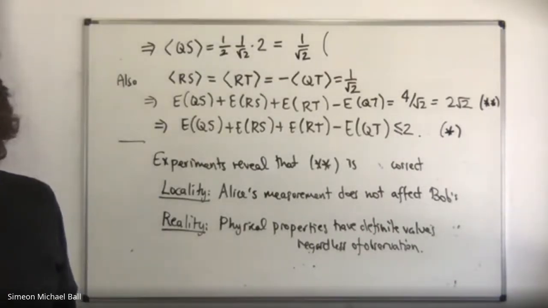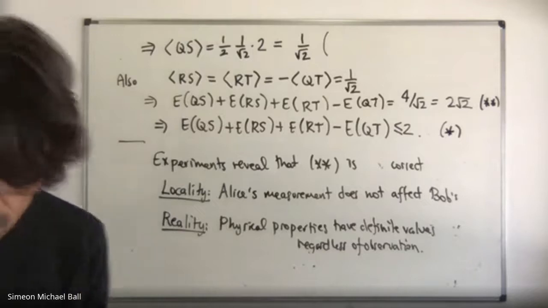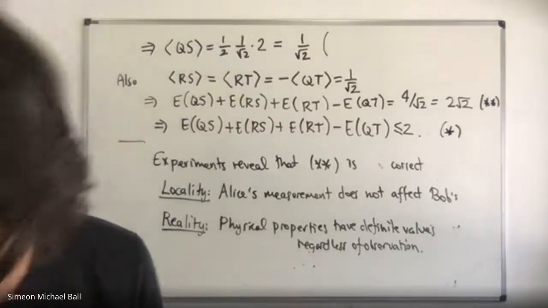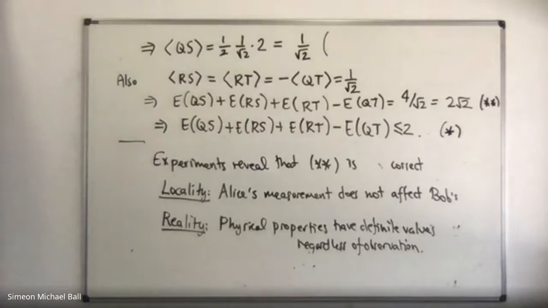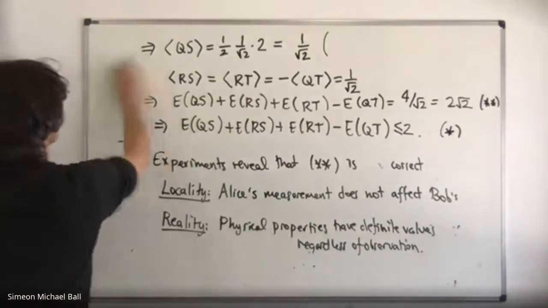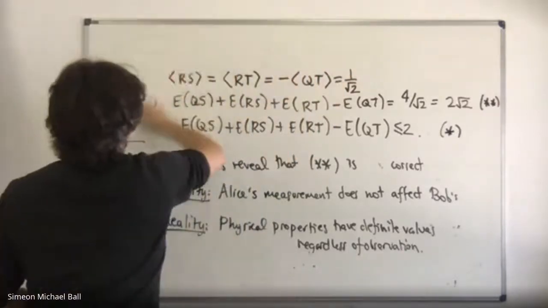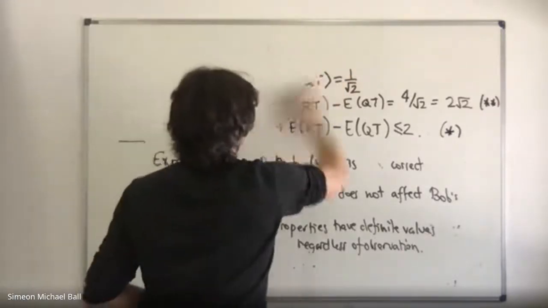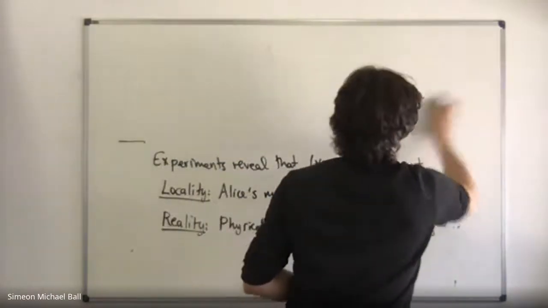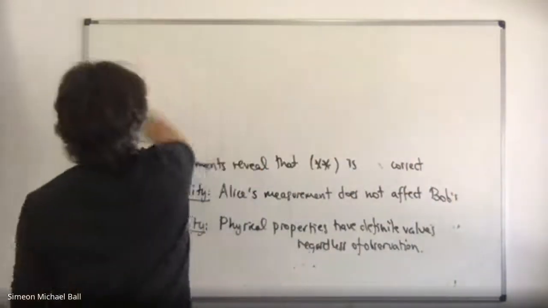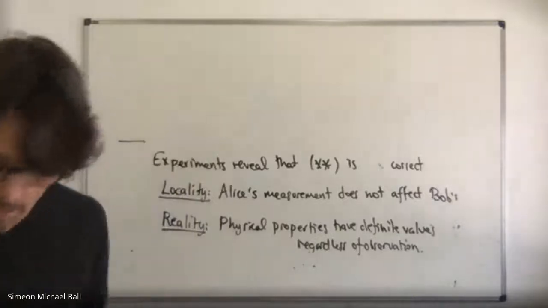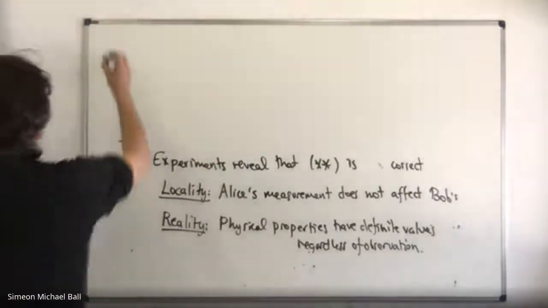And now we're going to move on to one final consequence of our interpretation of quantum mechanics. And this is the Heisenberg uncertainty principle.